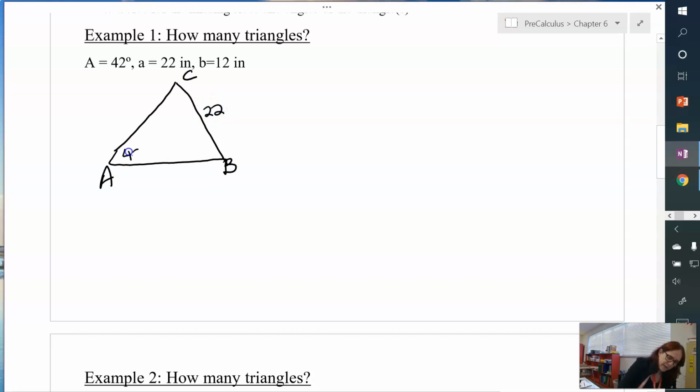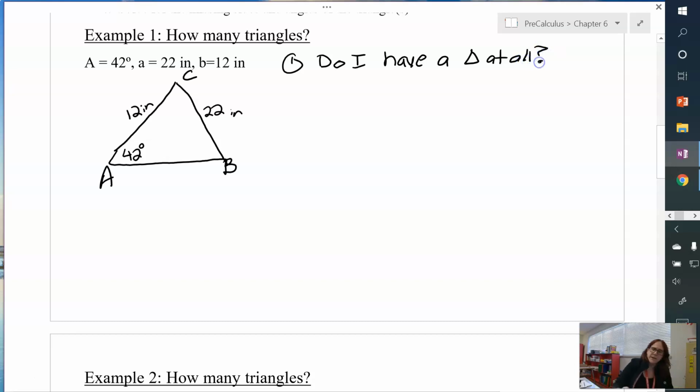I'm told that angle A is 42 degrees and little b is 12 inches. And the first thing I'm trying to find out is, do I have a triangle at all? That's the first question we're trying to answer.